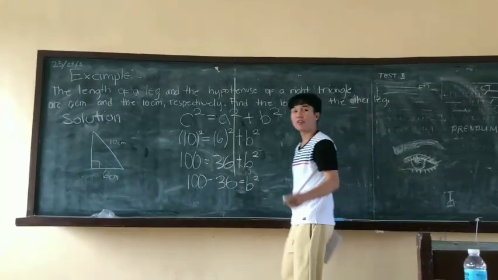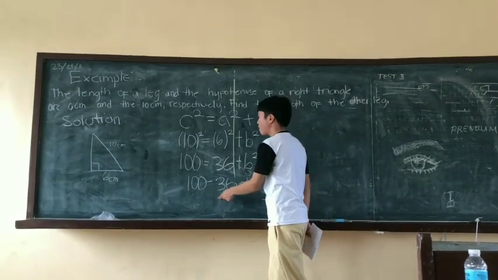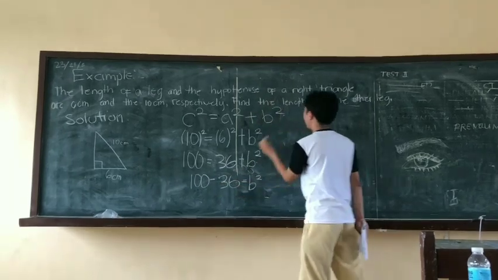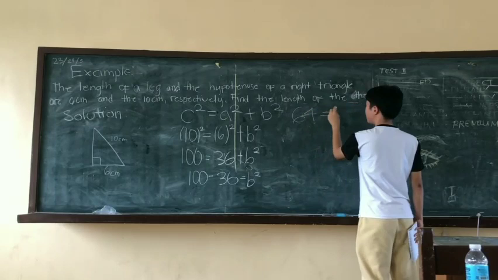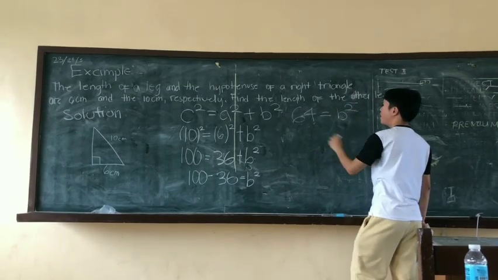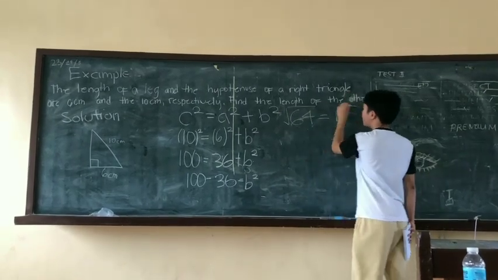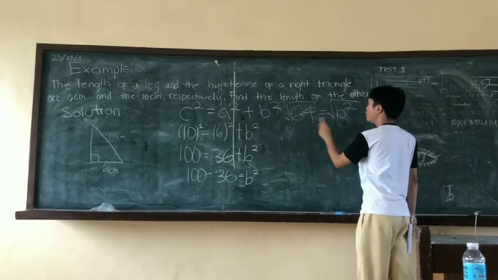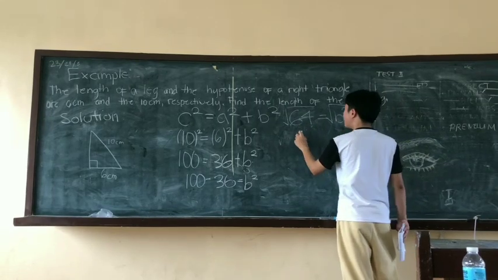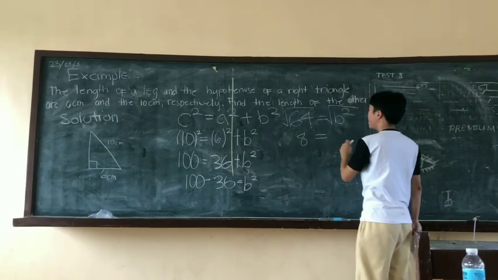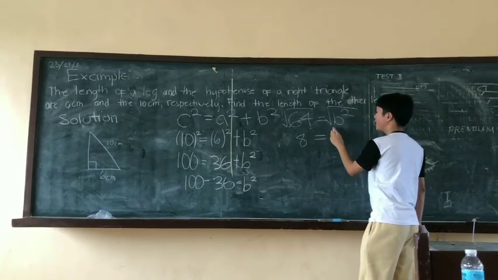So 100 minus 36 is 64. Then we're going to take the square root of 64, which is 8, so b is 8.